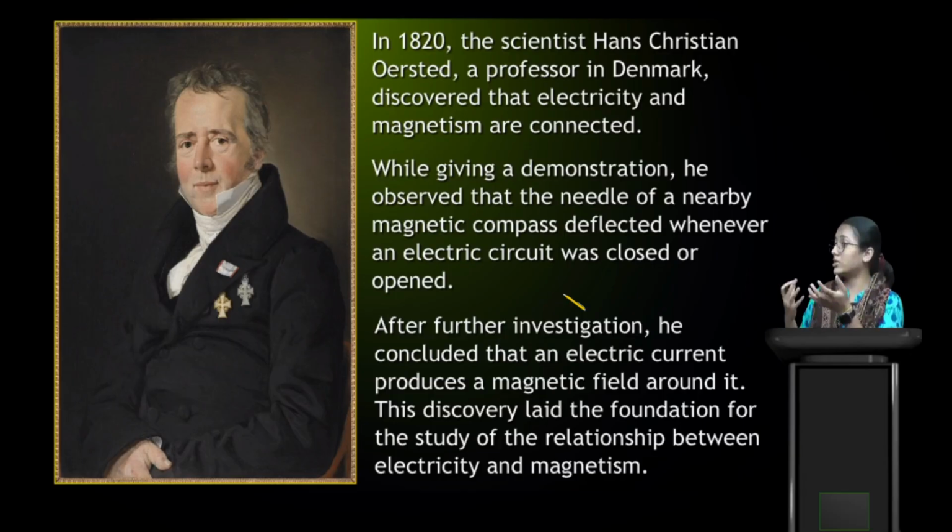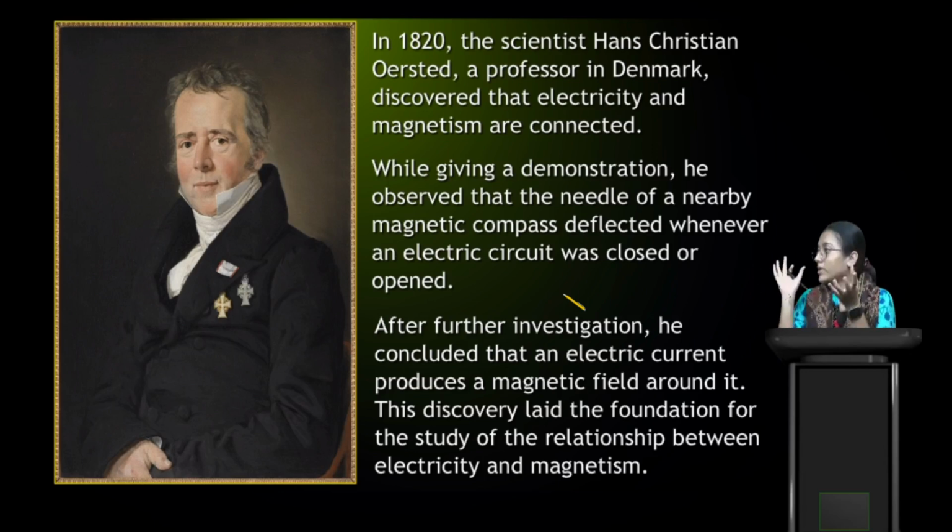This discovery laid the foundation for the study of the relationship between electricity and magnetism. So from his observations or discovery, we were able to know the relationship between electricity and magnetism. He was the first one to give us the idea regarding this.